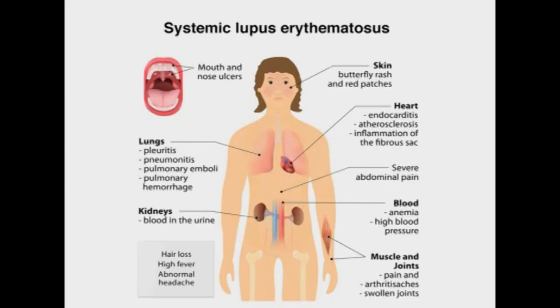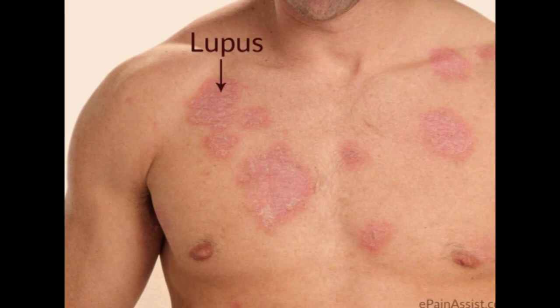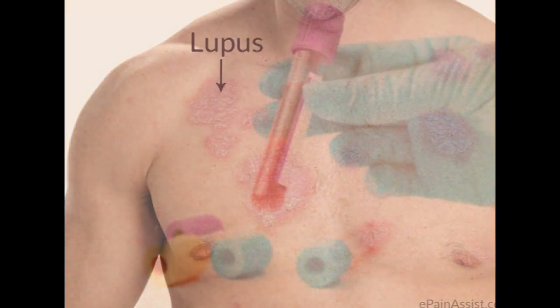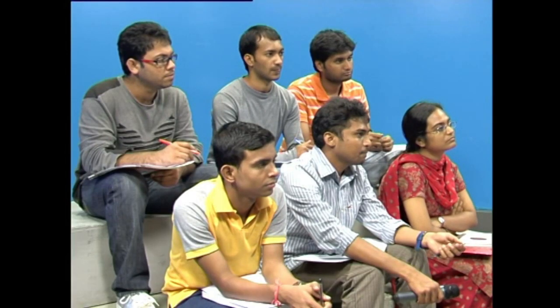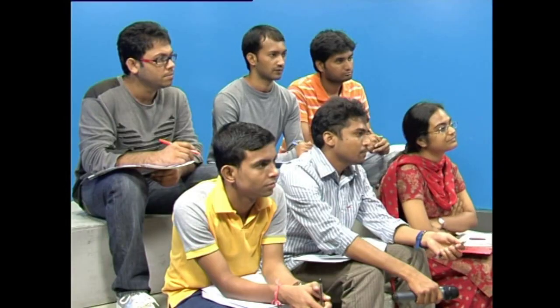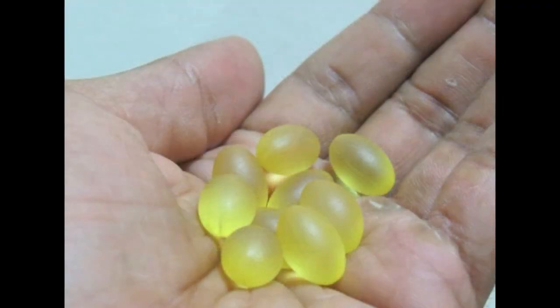For lupus or vasculitis, doctors prescribe corticosteroids and immune suppressing drugs to control inflammation, and this inflammation again has to be controlled right till the level of the glomerulus so that it does its function properly. In case of immunoglobulin A nephropathy, both fish oil supplements and certain immune suppressing drugs are given to treat successfully.